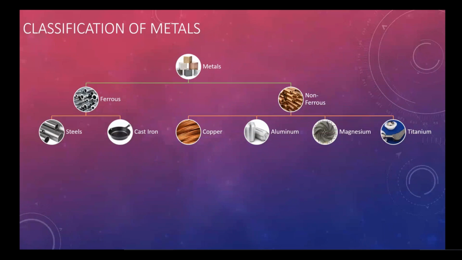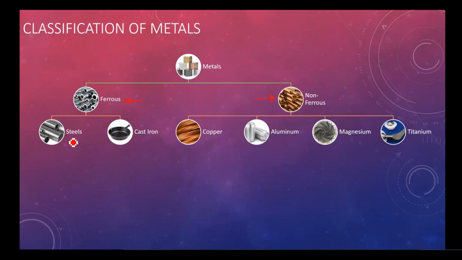So now let's move on towards the classification of metals. This is the second half of this session. Probably this would be something that would not have been in your knowledge beforehand. So metals basically are classified into categories of ferrous and non-ferrous materials.